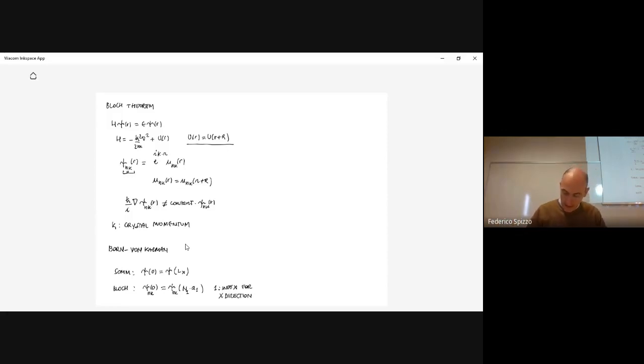And in this case, what happens if we consider the structure of the wave function due to the Bloch theorem? We have that psi nk of 0 is 1 times u nk of 0. That should be equal to e to the I k n1 a1 times u nk of 0 plus n1 a1.